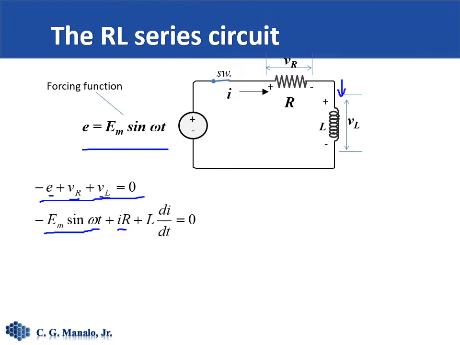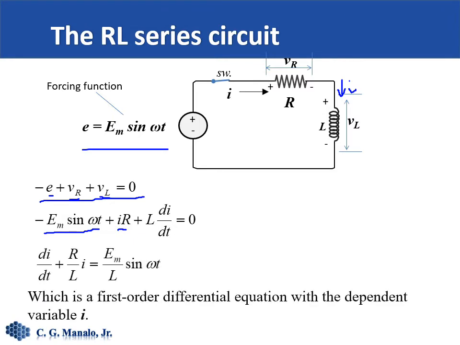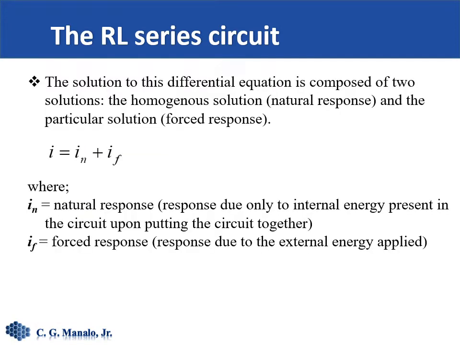So the current here is also i. Rearranging this equation, we will get this first order differential equation. The solution for this differential equation has two parts. We have the natural or the homogeneous solution and the particular solution or the forced response.